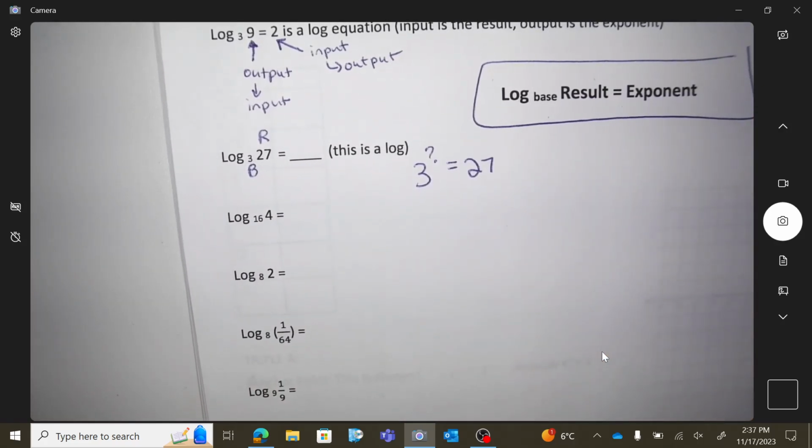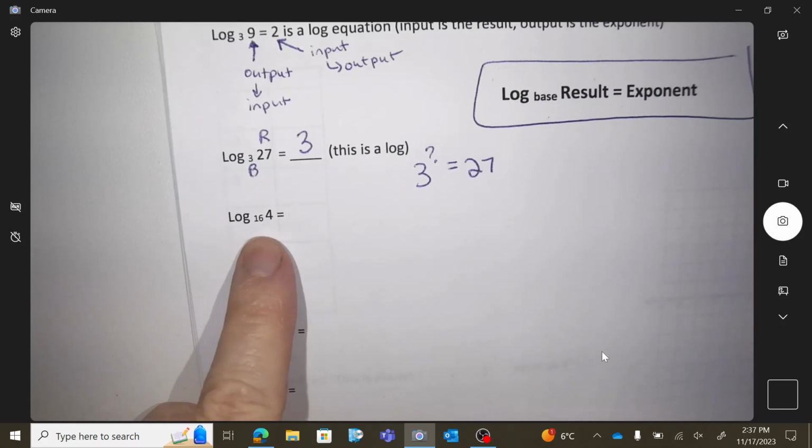That's what your brain is doing, but backwards. So I'm saying, what's the exponent? 3 what is 27? 3 cubed. Okay, so your brain is thinking backwards today.